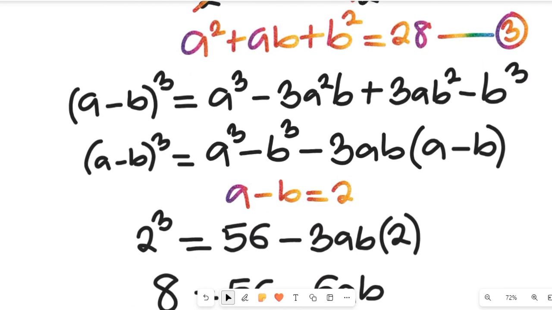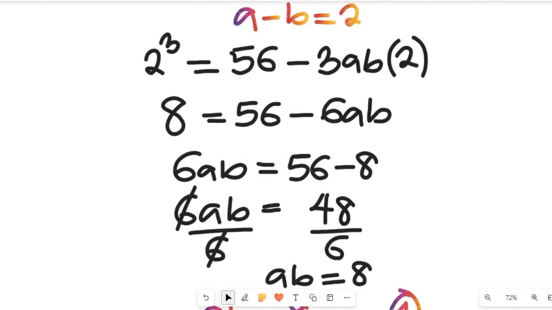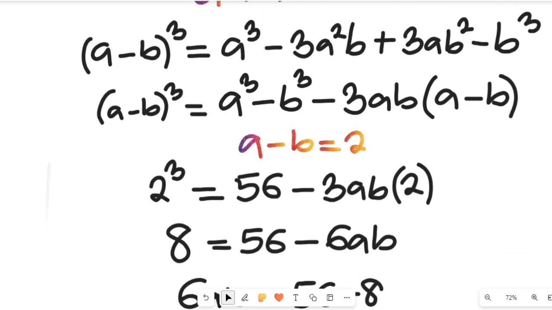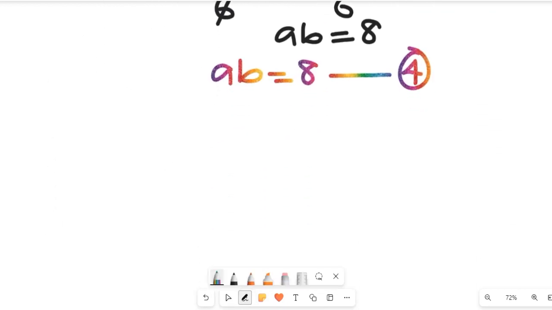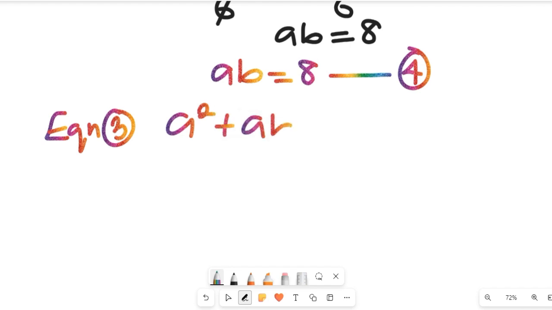From equation 3, we have a squared plus ab plus b squared is equal to 28. Now from that expression, we are given that a squared plus ab plus b squared is equal to 28, right?